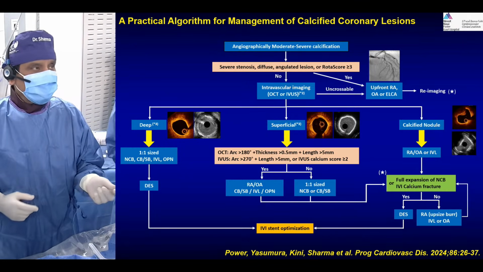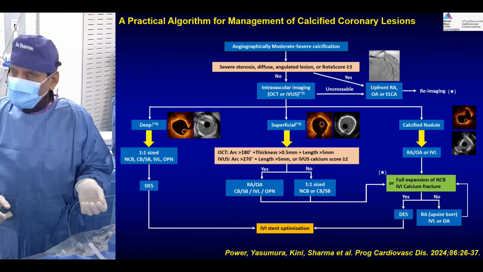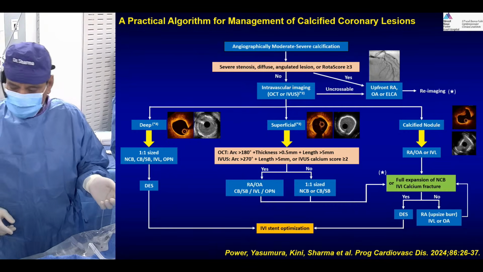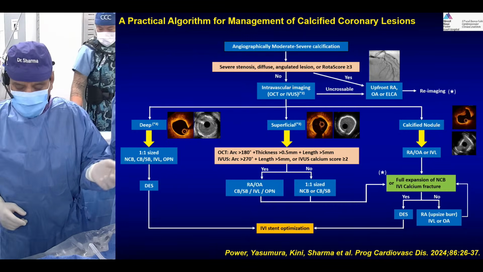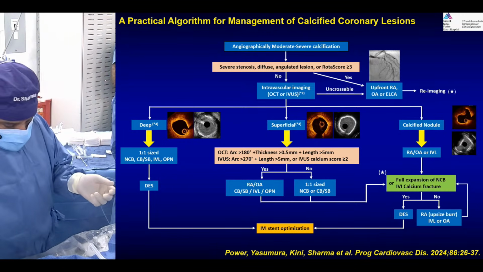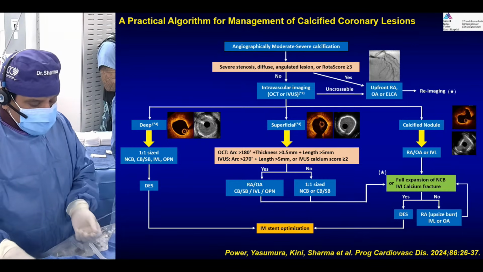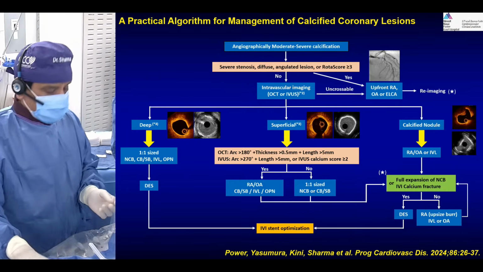So the question is, somebody wants to do IVL? I think in this case IVL could go without pre-dilatation. That's completely okay. But what we usually do is rotational atherectomy. We know it's dependable, it's going to cross, whereas IVL may not cross.